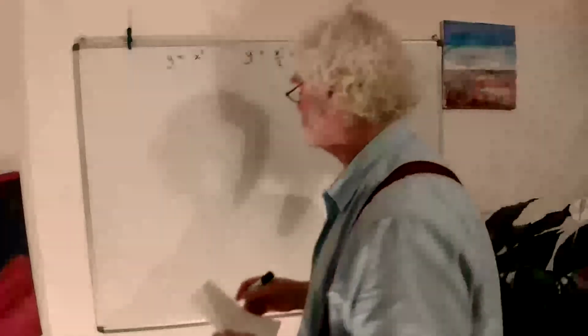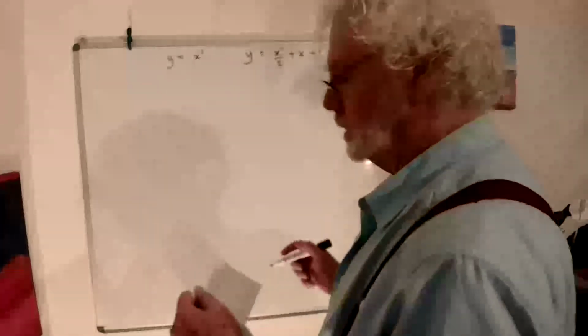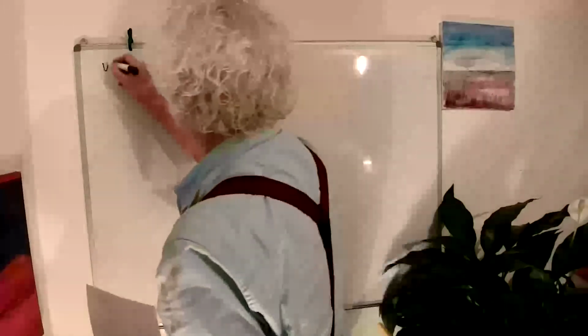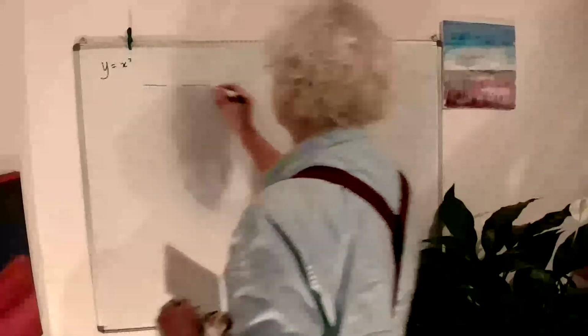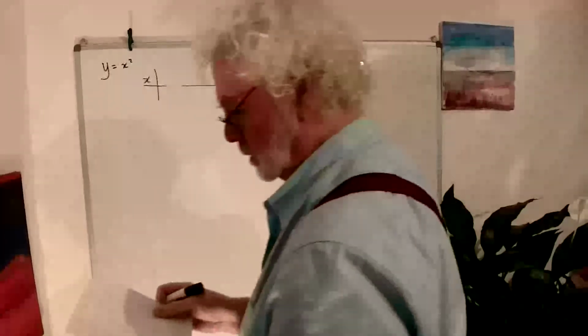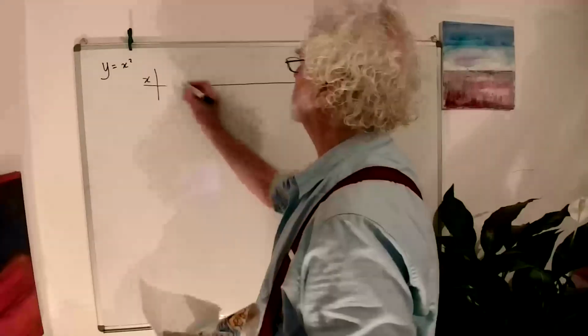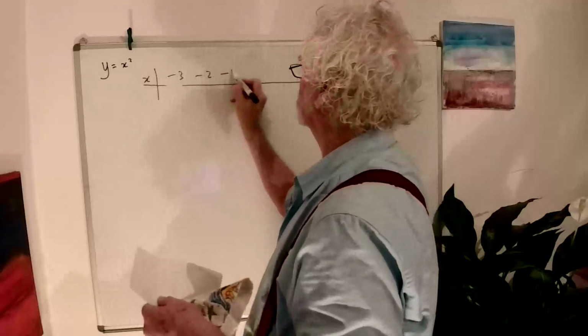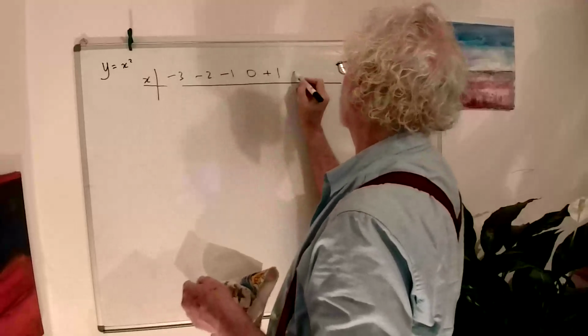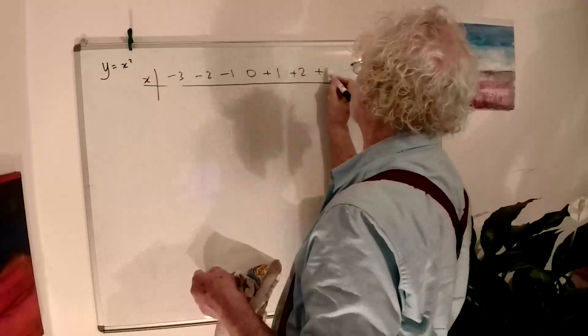So, start off with this one. I'll need this space, so let's just have y equals x squared. And for that, I'm going to first of all write some numbers for x. Start with minus 3, minus 2, minus 1, 0, plus 1, plus 2, plus 3.